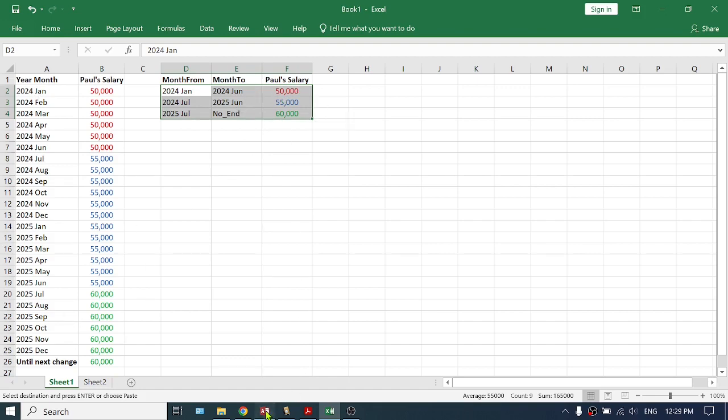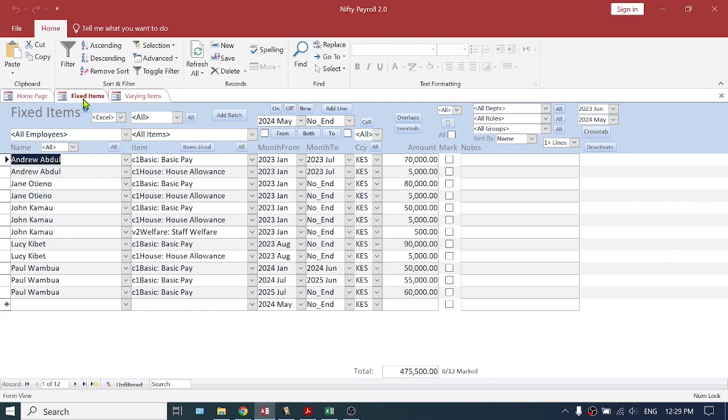So in Nifty payroll, that is what I have done. Under fixed items, anything that you expect to pay somebody for, let's say, 2, 3 or more months, instead of listing it month by month, you can put it in this fixed items schedule and say in advance how long this particular thing should go for. So this would apply to things like basic pay.